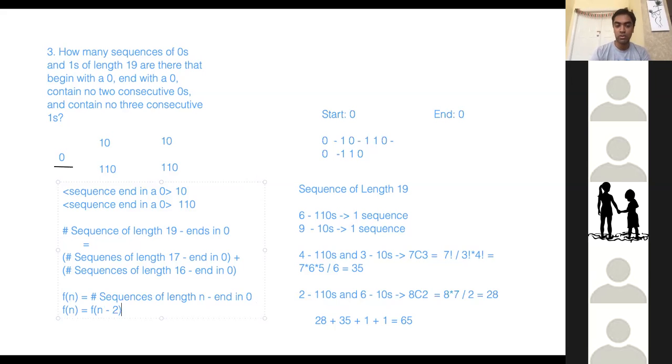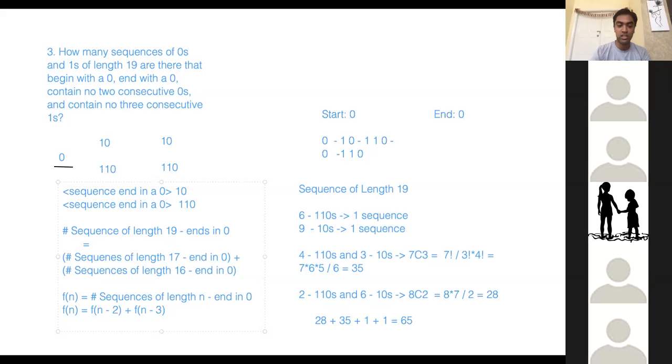So this is the sequences that are 2 lengths shorter, and then I can just add a 1, 0 to those, plus f of n minus 3. So these are 3 numbers shorter, and then I can add 1, 1, 0 to them. So the nice thing is once I have this formula, I can now build up.